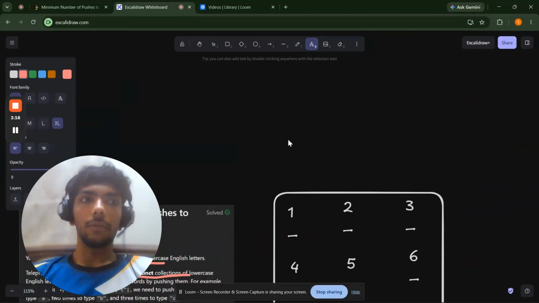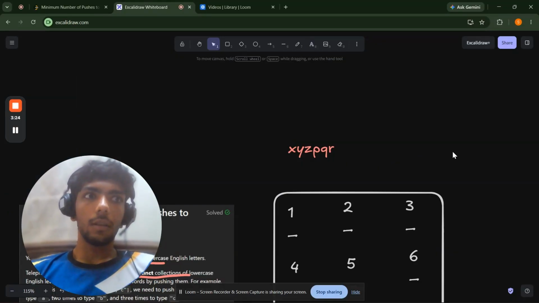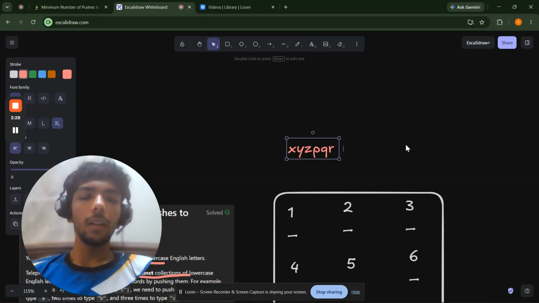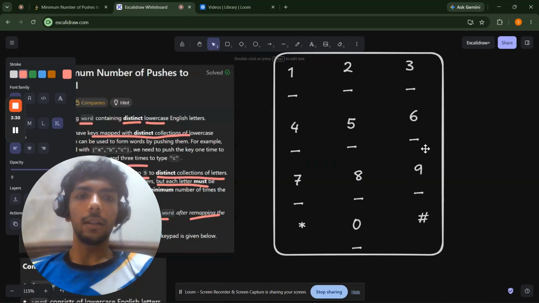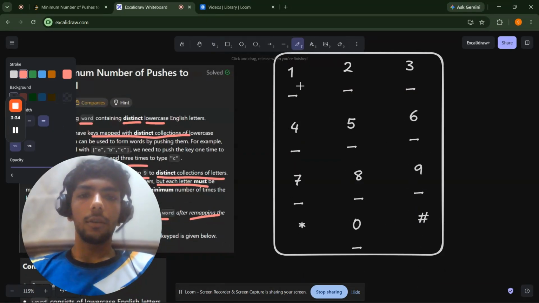Suppose we have x, y, z, p, q, r. Suppose this is our word. Now we need to remap this entire keypad, but we cannot assign any letters to 1, asterisk, 0 and hashtag.